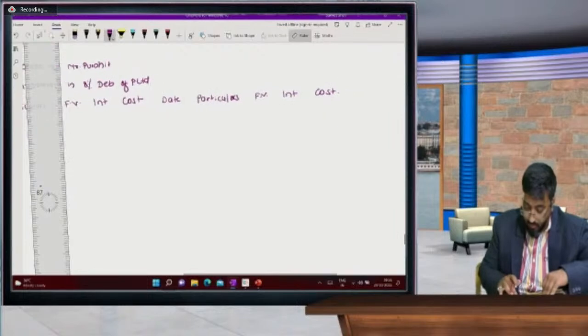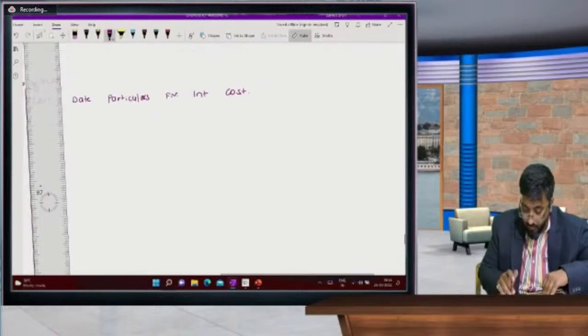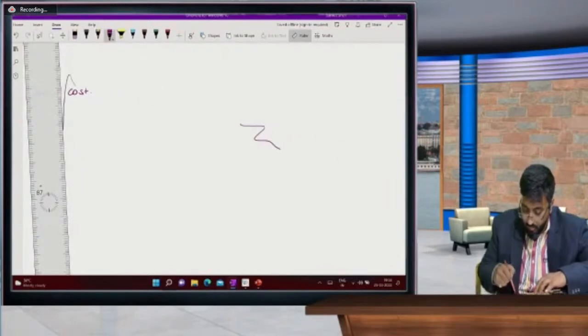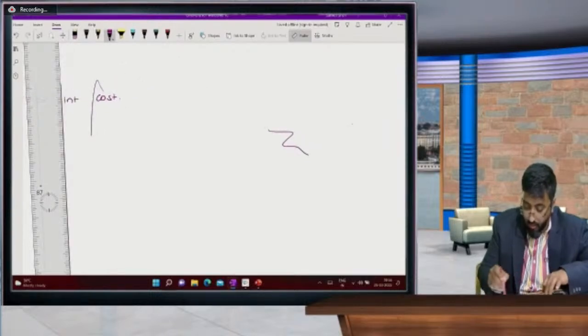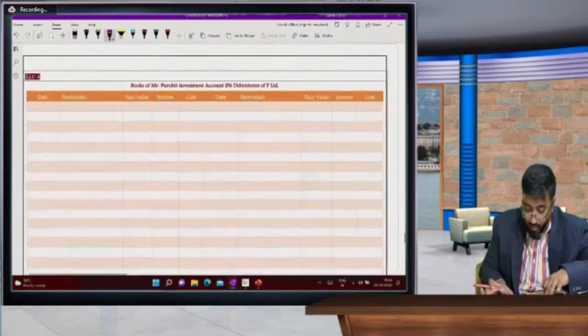Date, particulars, face value, interest, cost. Date, particulars, interest and cost. Okay, and look at the magic. Oh, it's my original format.